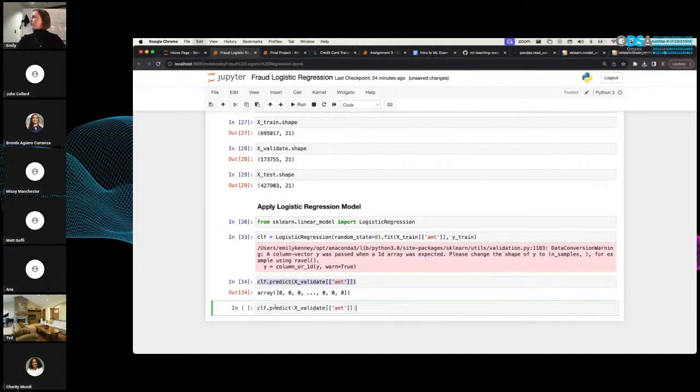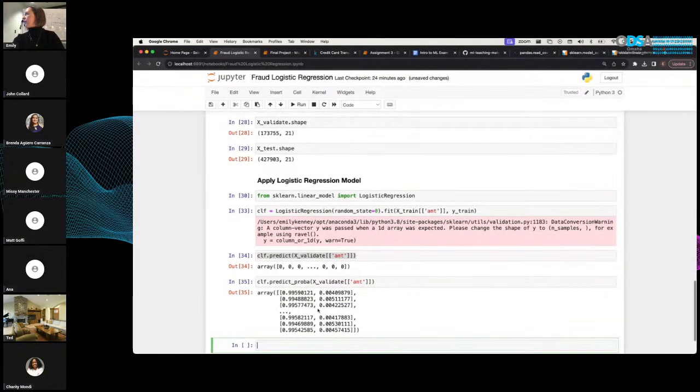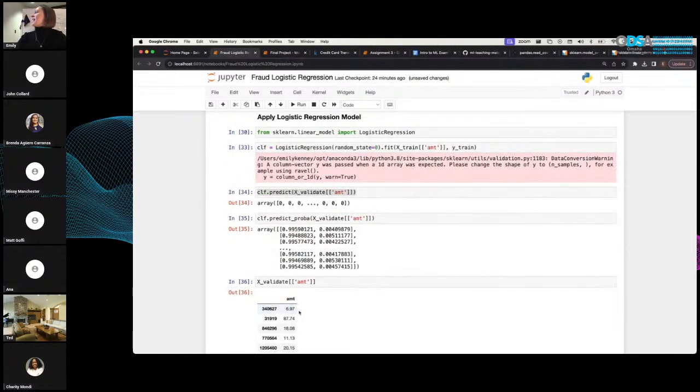sklearn also has this function called predict proba. We talked about how under the hood, this is a sigmoid, and they're all just probabilities. You can call predict proba, and you can get your actual probabilities here. For this first value in the x validate set, for 6.97 as an input, our model predicted a probability of 0.995 for the zero class.